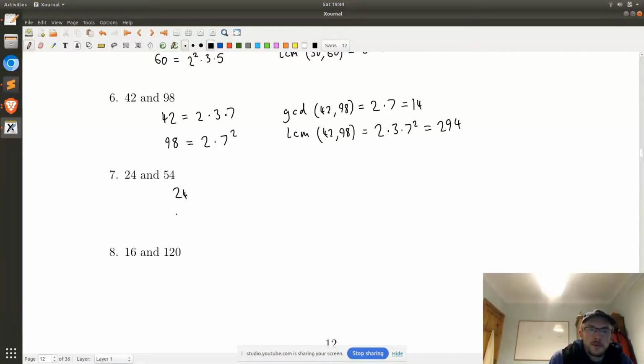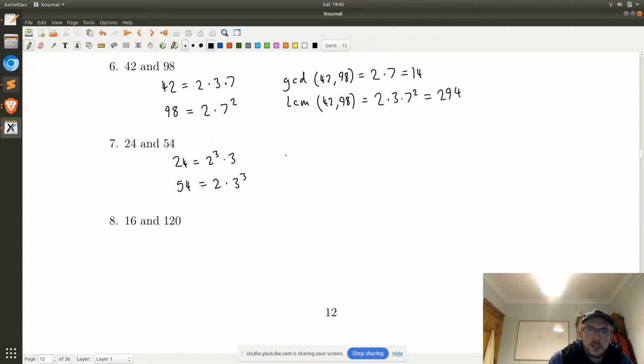For 24 and 54, 24 is 2 cubed times 3, and 54 is 2 times 3 cubed. The GCD of 24 and 54, that would just be 2 times 3, wouldn't it?